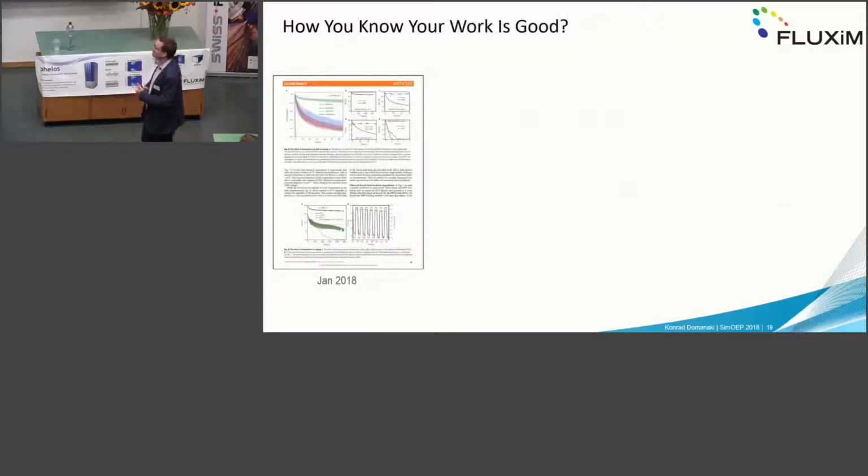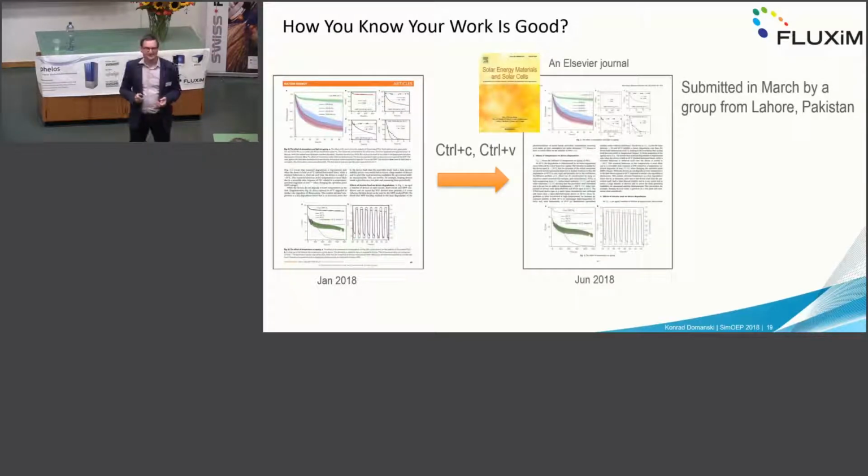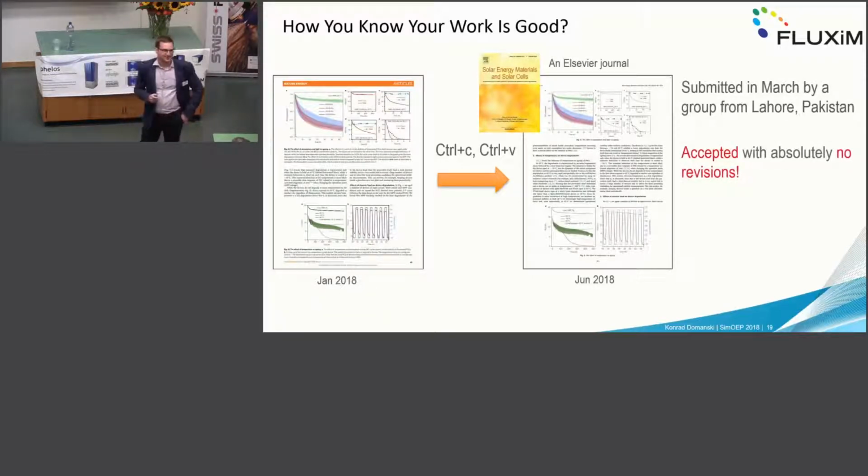So this is a little bit of an off-topic but interesting story that happened related to this work. How do you know your work is good? You know it's good when someone copies it and pastes it one-to-one, and it gets accepted without a single revision in an Elsevier journal. So this is what happened to us a few months ago.